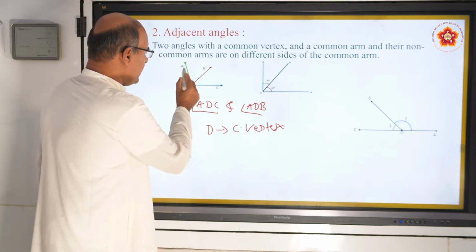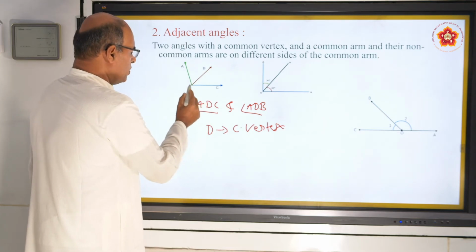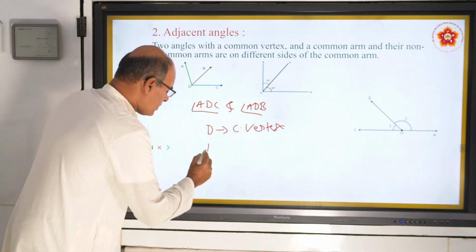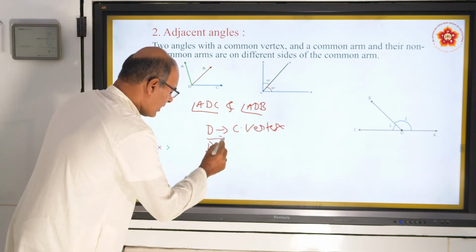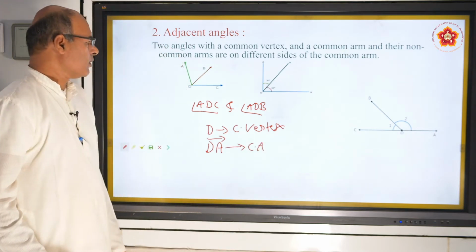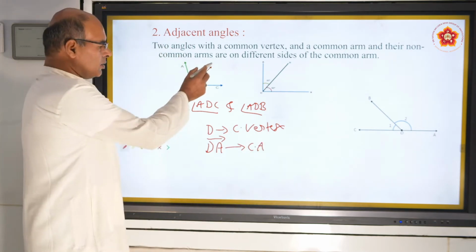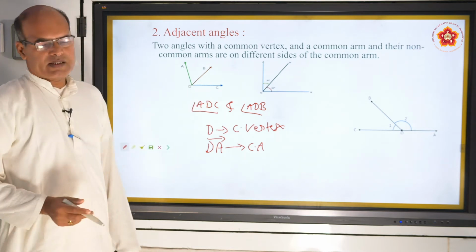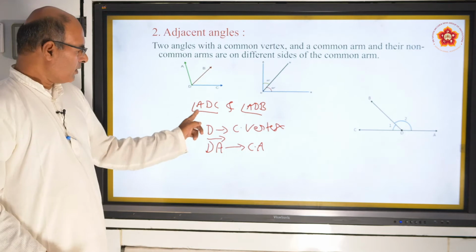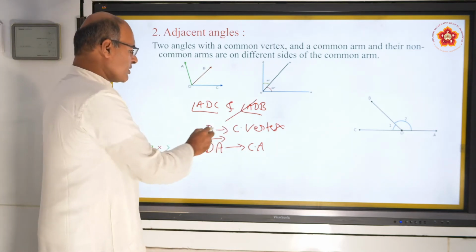So in these two, DA is the ray which is common for both the angles. The ray DA is called the common arm. And the non-common arms DB and DC, they are on the same side of the common arm. Therefore, these two angles are not adjacent angles.